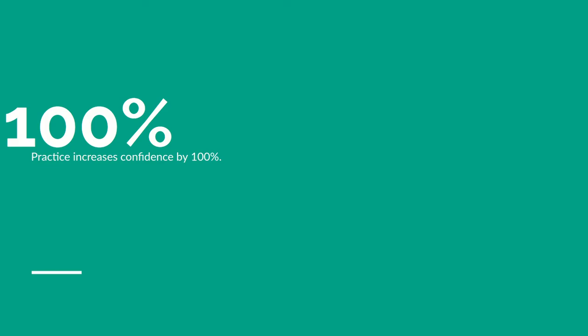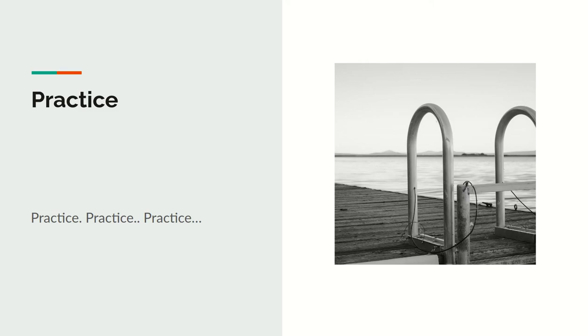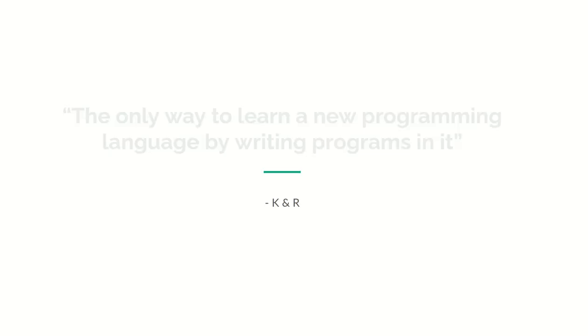And now we'll see some stats. It's just a generic one: practice increases confidence by 100%. This is one stat, because today we started the practical sessions, right? That's what programming means. Yeah, this is one quote: the only way to learn a new programming language is by writing programs in it.